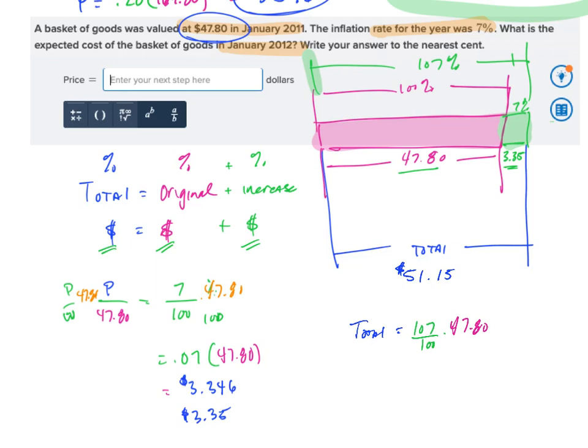Because my equation is that the total equals the percent times the whole, which was the original. Okay, and then when I do that, I put 1.07 times 47.8, and I get $51.15.